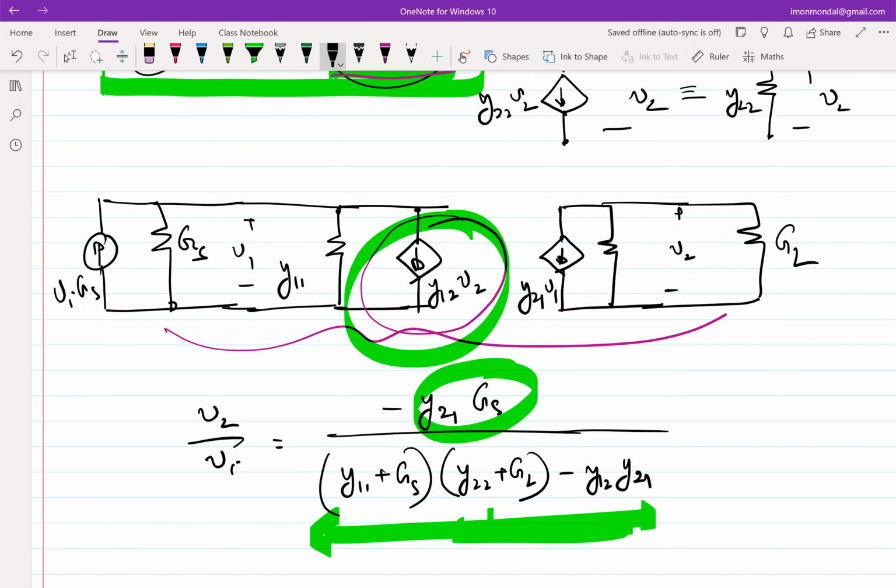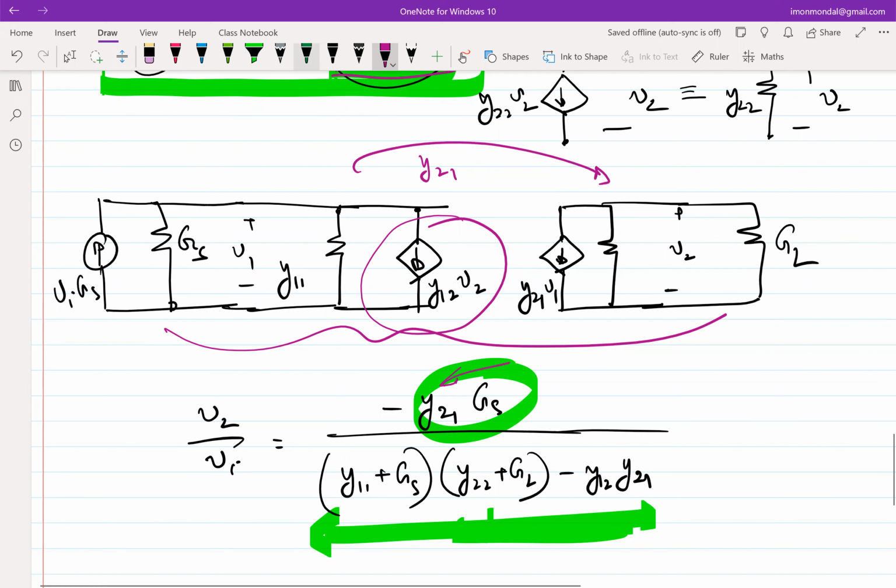So what was happening? Essentially, what is Y21? Y21 is my signal transmission from input to output, and Y12 is characterizing the feedback information from output to input, right? So Y21 is transferring this information, and Y12 is feeding part of it back.